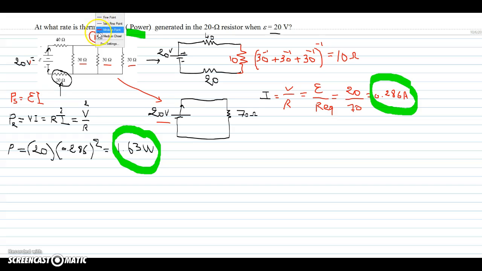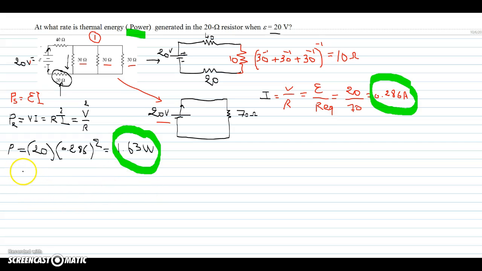For example, what is the voltage across this one? Well, the initial voltage is obviously 20. There is a voltage drop here, so I can find the voltage, and it will be the same for everyone in the parallel group.